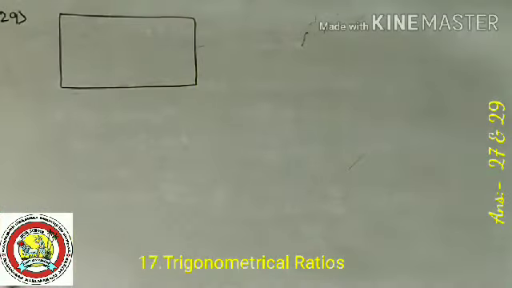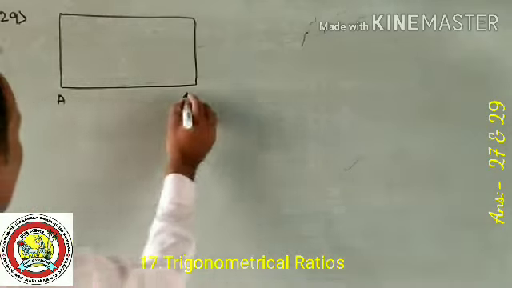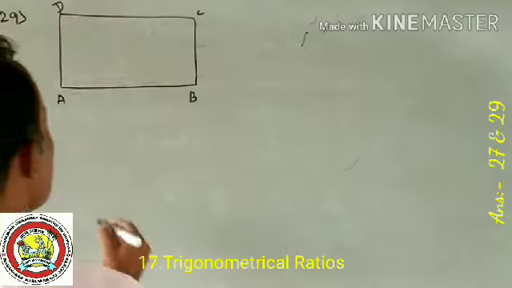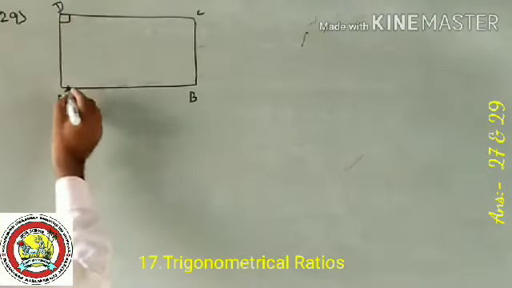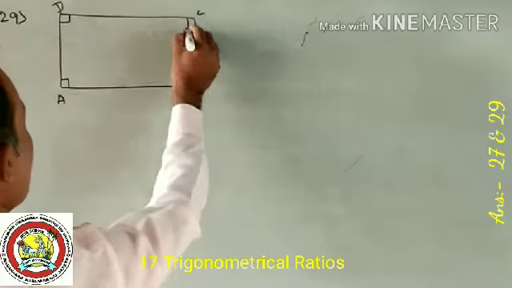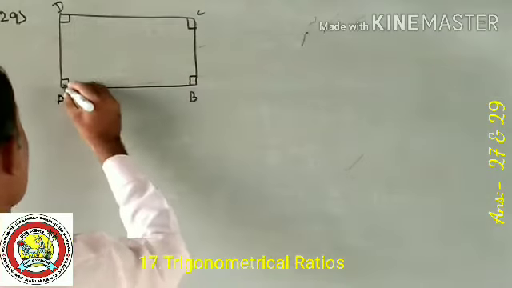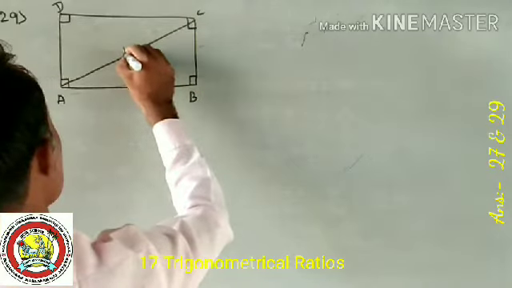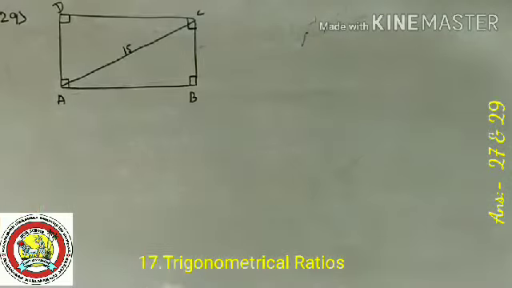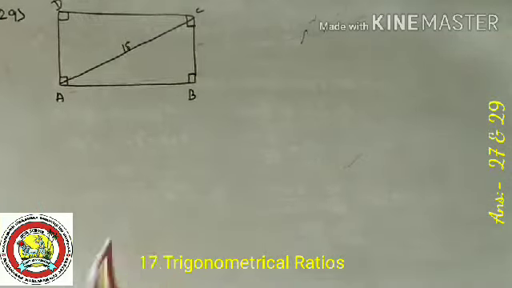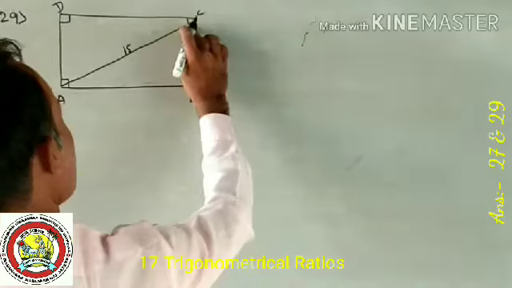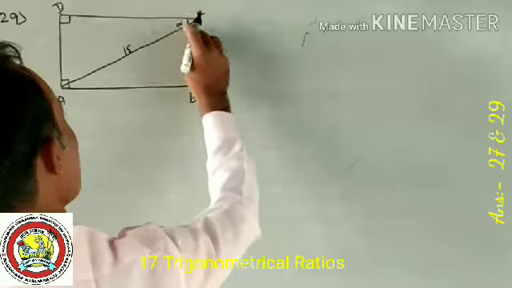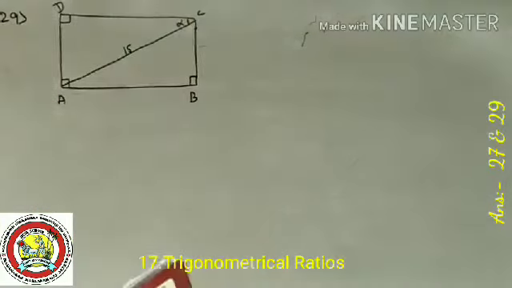ABCD, here A. One of the very important properties of rectangle, opposite sides are equal and all angles are equal to 90 degrees, and diagonal AC is also given, that is 50. Next, C, only C, this one, that is alpha. Alpha is one of the symbols that represent an angle.